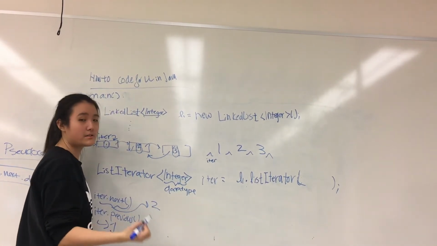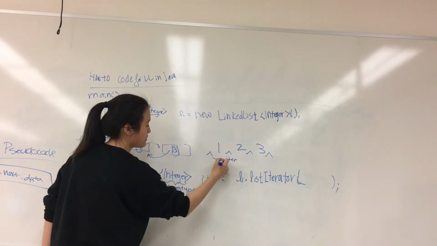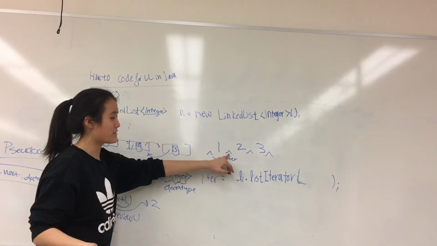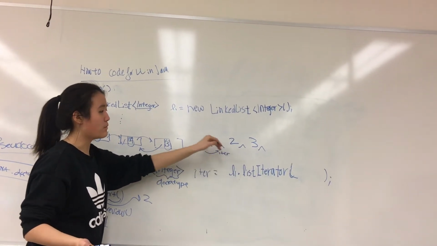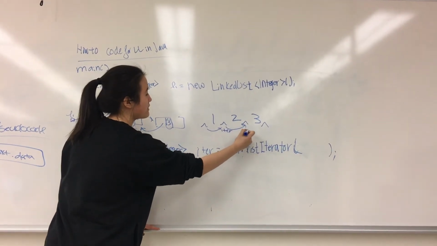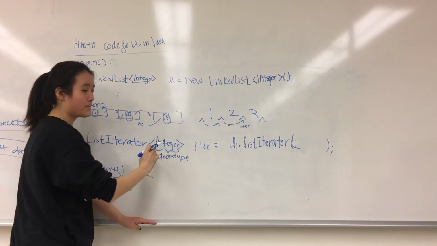But if you said iter.next, then iter would now be here. So I just moved it here. And this caret is going to be basically returning the element 1. And let's say you did iter.next again. Now iter is here. So now it's going to return 2.